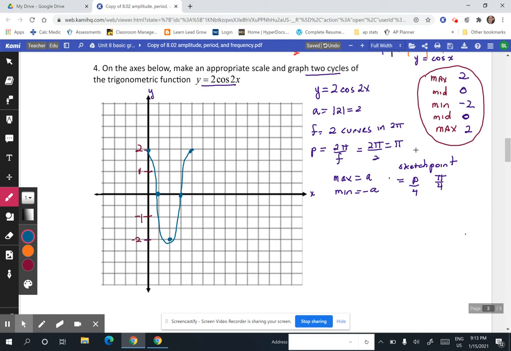So now we want to graph another cycle. So again, we follow the same pattern. 2, that's the maximum. Now we're down to the midline, then down to the minimum value, back to the midline, and then back to the maximum value. Let's continue on. And that's our curve, and let's label.